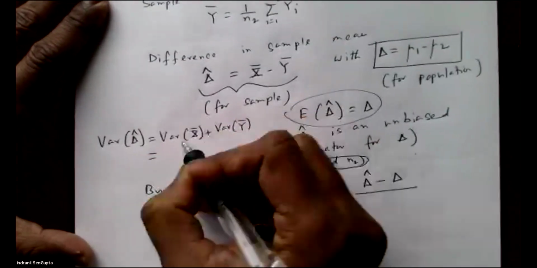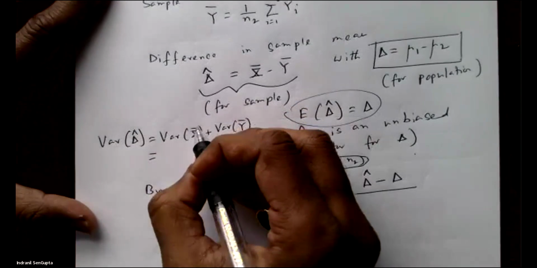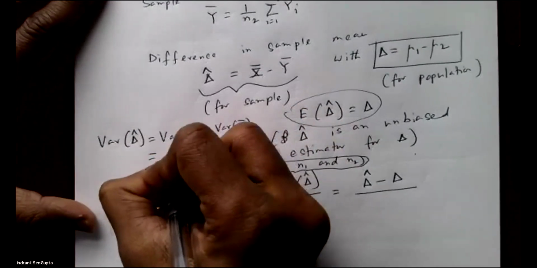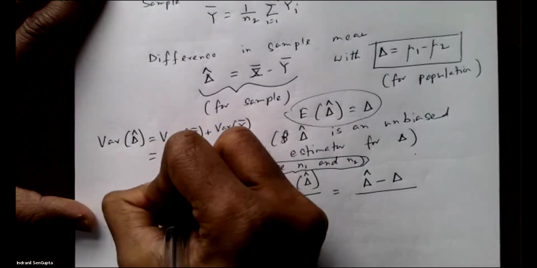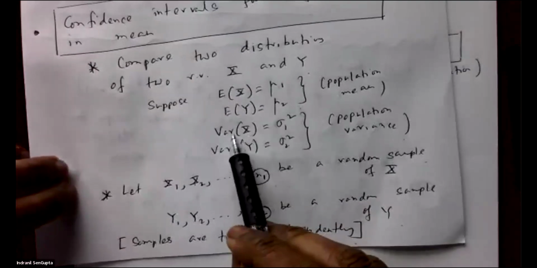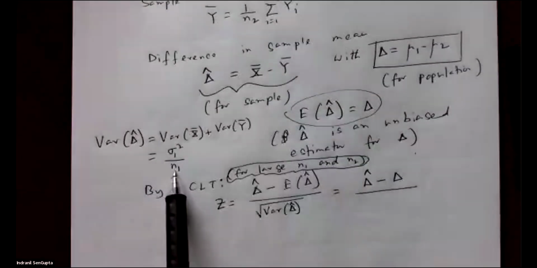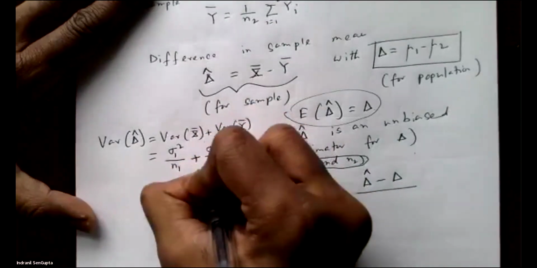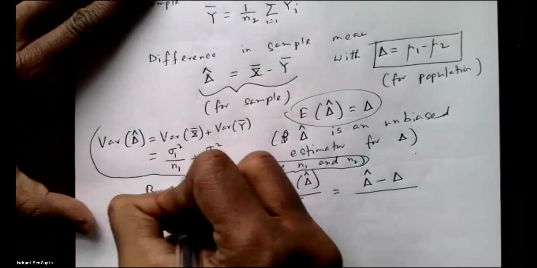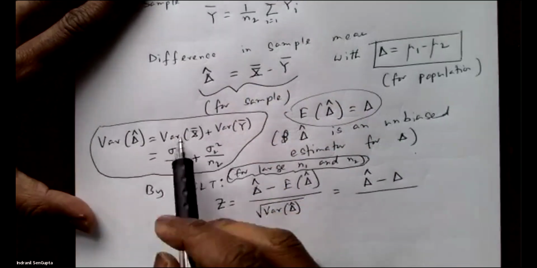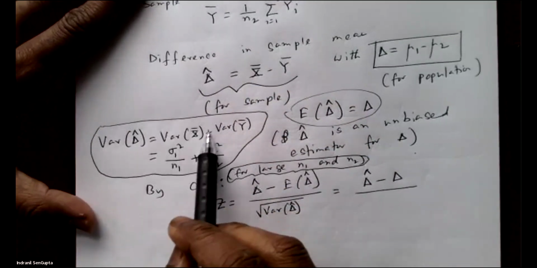And variance of x bar, we have done it some time back. It's sigma 1 squared over n1. What was sigma 1 squared? Remember that sigma 1 squared is the variance of x, so it's sigma 1 squared over n1, and this is sigma 2 squared over n2. Please don't get this confused, because I'm not talking about the sample variance here.